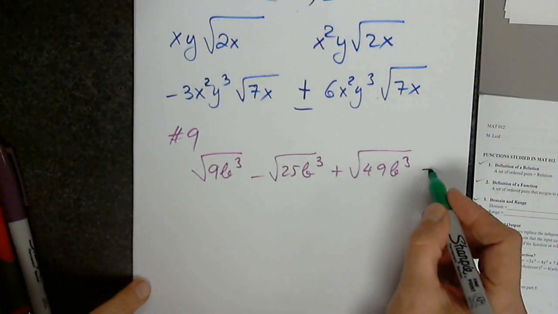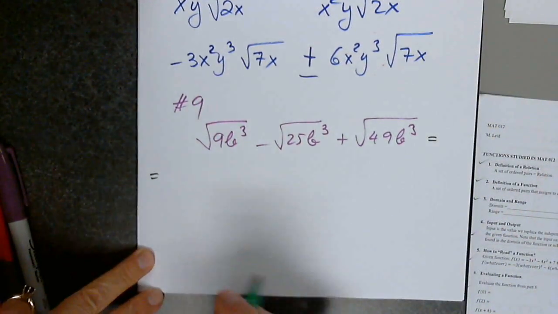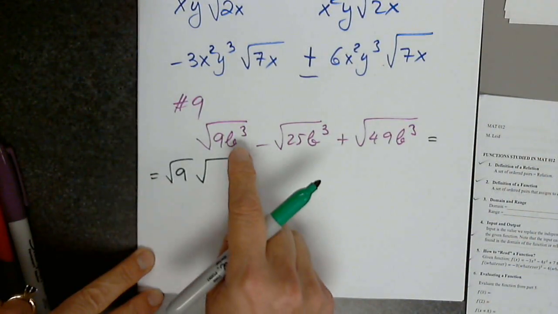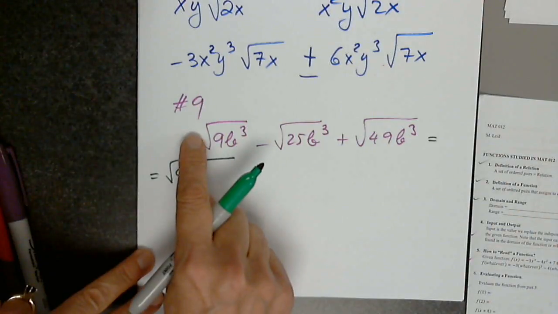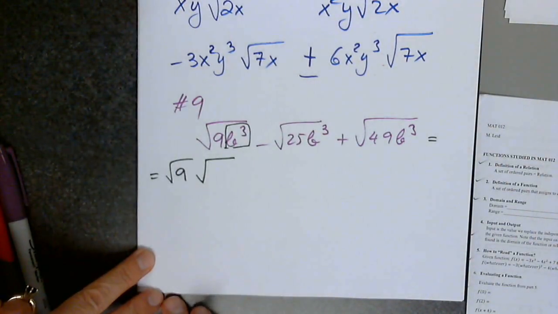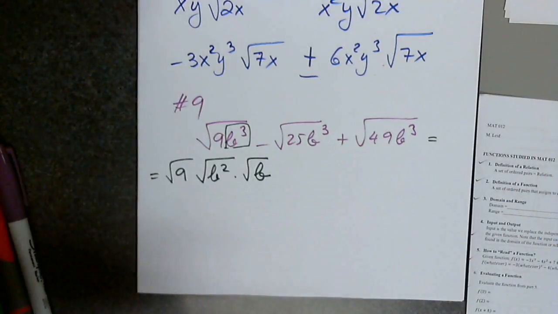Okay, so then I notice that each and every one of them is a product. I'm going to split them then. The square root of 9, the square root of b cubed. But what do I do with b cubed knowing that the index is 2? How do I split b cubed? Exactly. B squared and the square root of b.